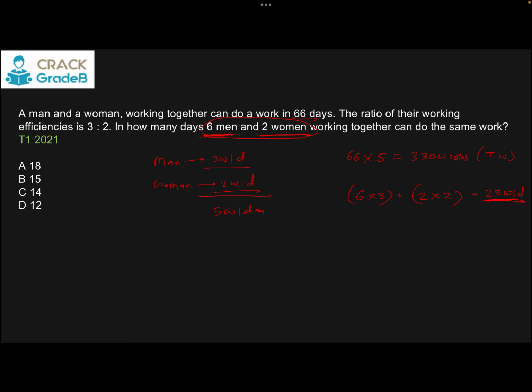This manpower is doing 22 works per day. We have to do 330 works. So to perform this much work at this rate, what is the time required? Time or days is the work to be done divided by the rate at which it is being done. 330 upon 22 or 30 upon 2, that is 15 days. The time required is going to be 15 days.